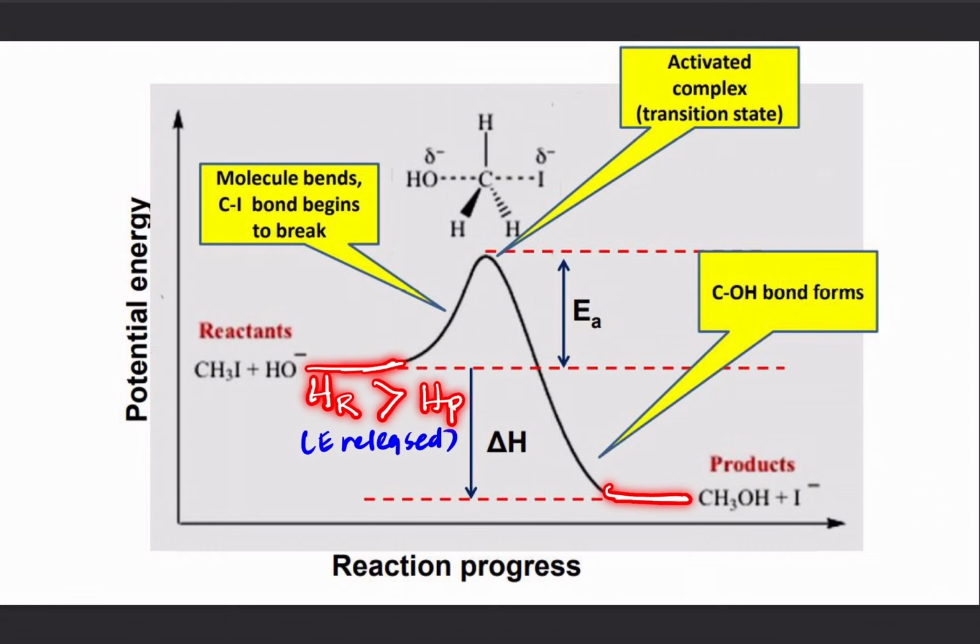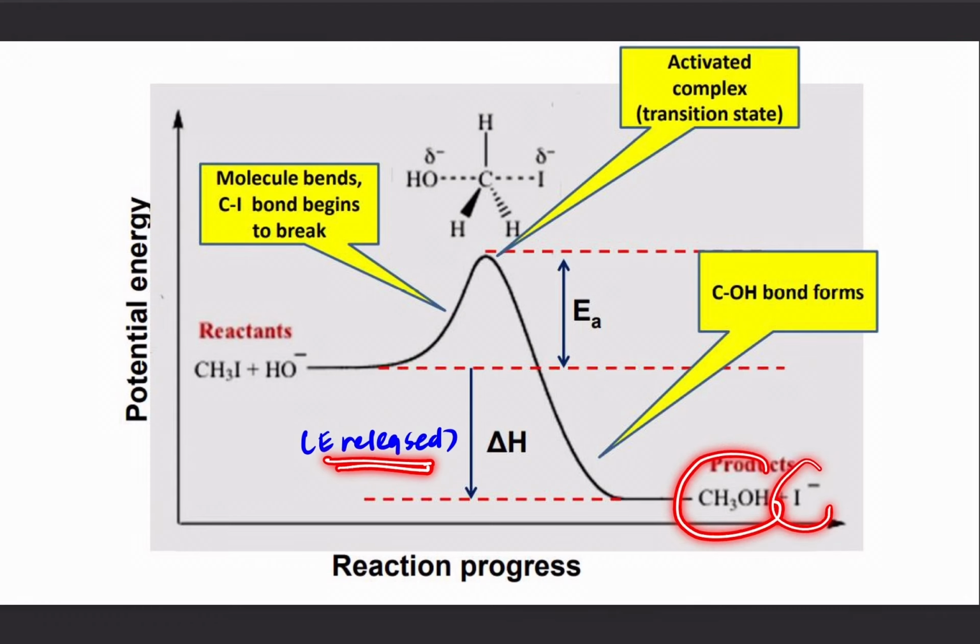Your delta H is H products minus H reactants. Since this is smaller than this, you will get a negative value, denoting that energy is released when forming methanol and iodide ion products in this reaction. So that's your typical energy profile diagram with its activated complex.